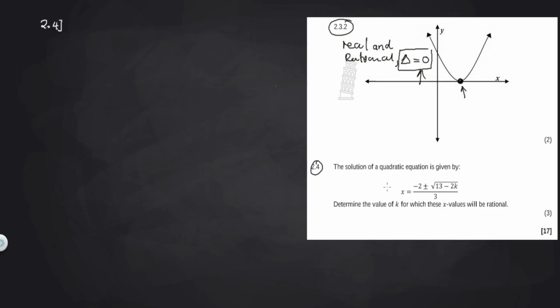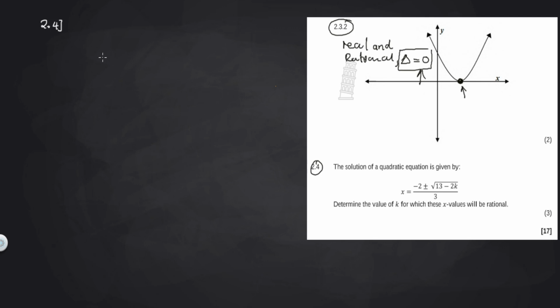the solution of a quadratic equation is given by. Determine the value of k for which these x values will be rational, and they're gonna be real, of course. Rational and real.